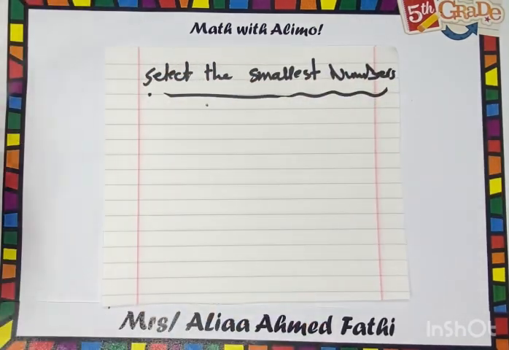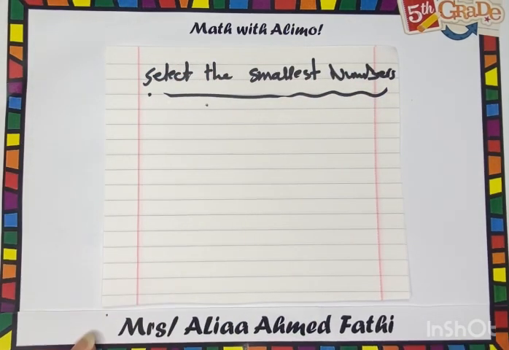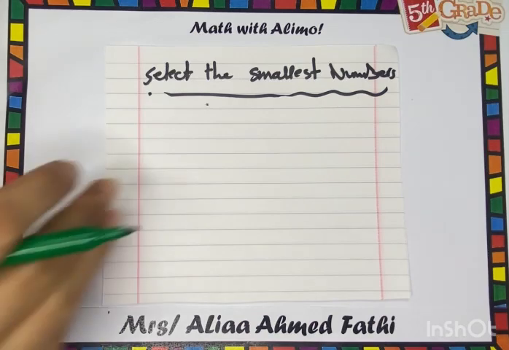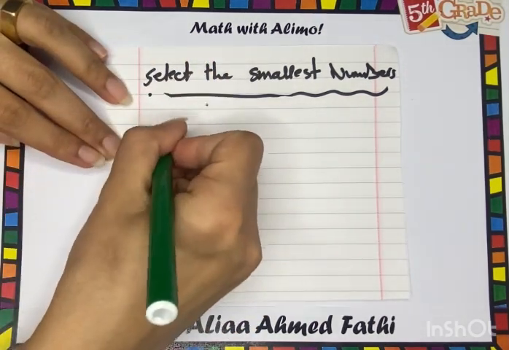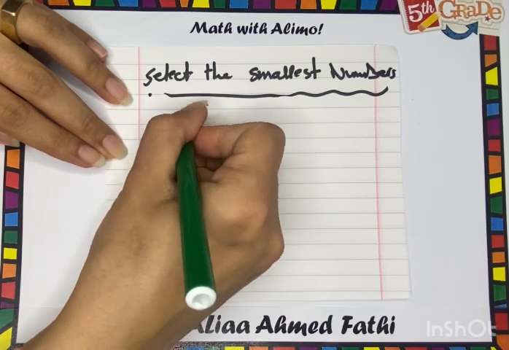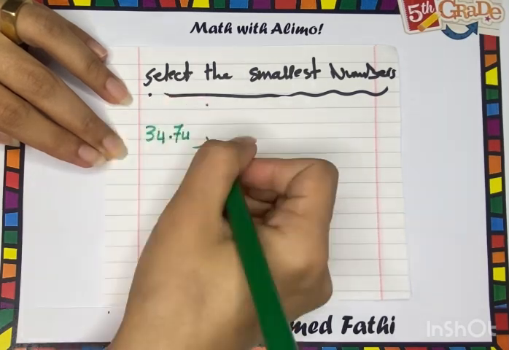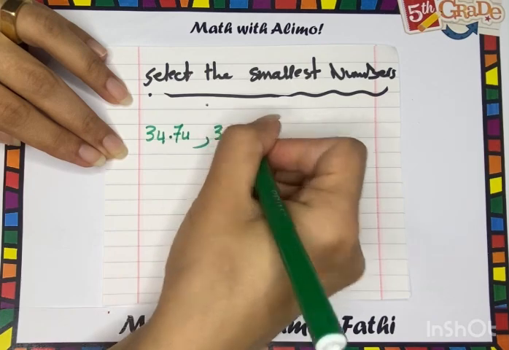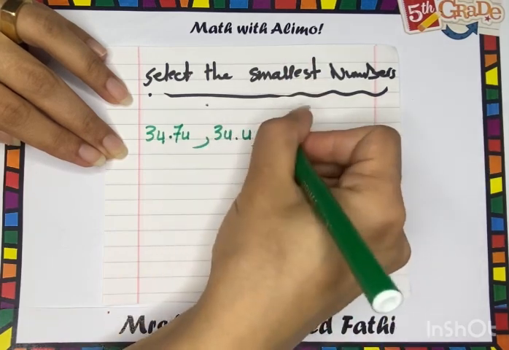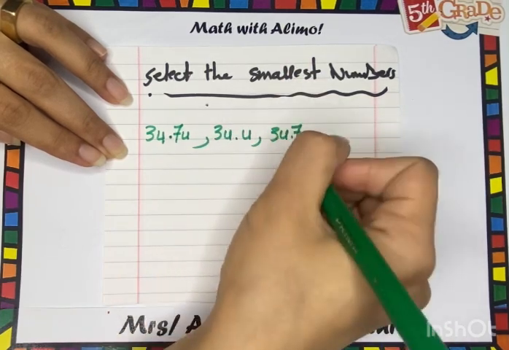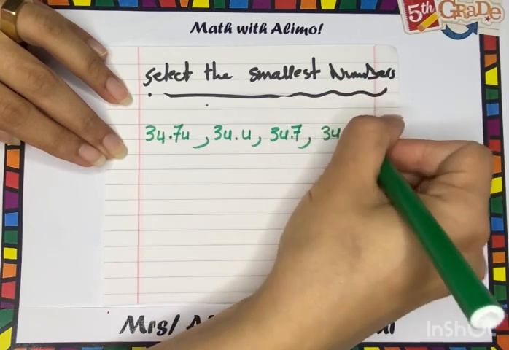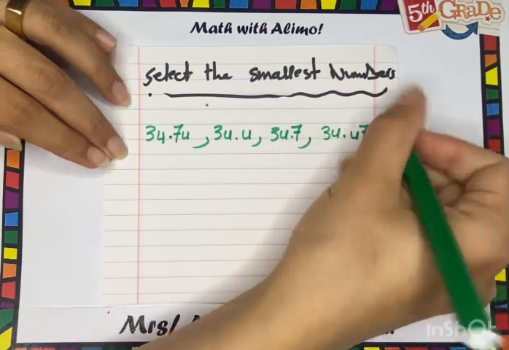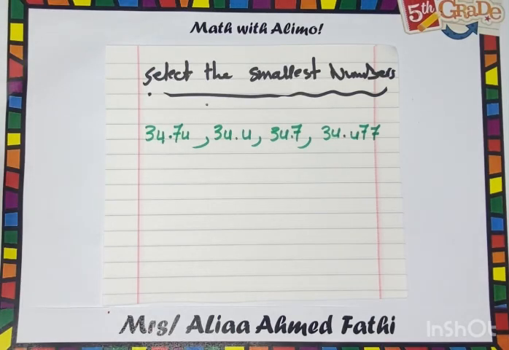Select the smallest number, so we're gonna choose the smallest one from a group of numbers, like 34.74 or 34.4 or 34.7 or 34.477. Okay, what is the smallest one from these 4 numbers?